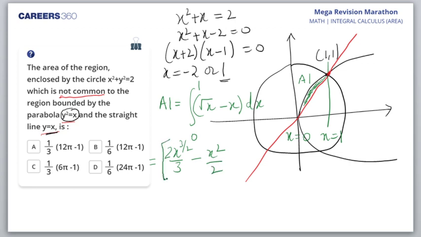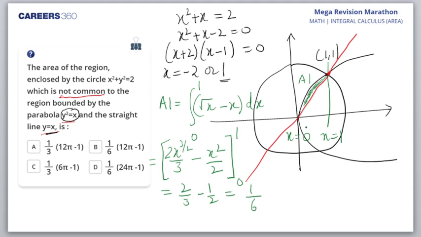This is the area bounded by the parabola and the line between 0 and 1. 0 will fetch me 0, both of them would become 0, so 1 only I'll put. I'll get 2 by 3 minus half. If I can remember it well, from 66% you are subtracting 50%, so you get 1 by 6.